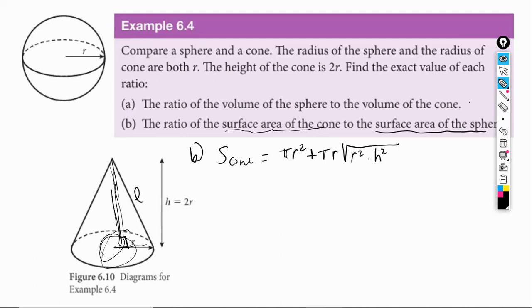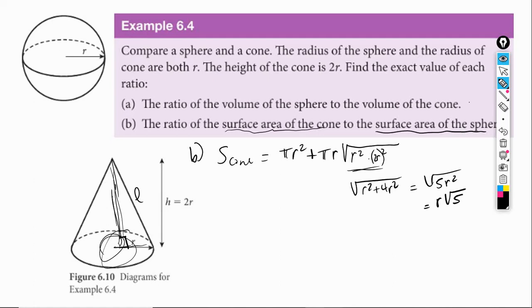But again, h is equal to 2r. So I can substitute h for 2r, and that would then be 2r squared. But this expression here can be simplified because this would be then the square root of r squared plus 4r squared, and this equals square root of 5r squared, and we can simplify that as r square root of 5.